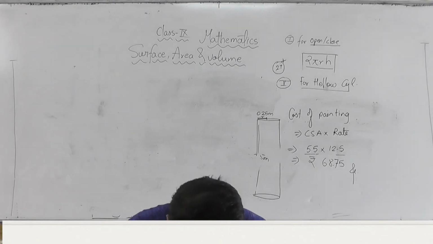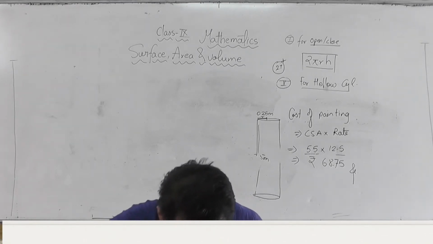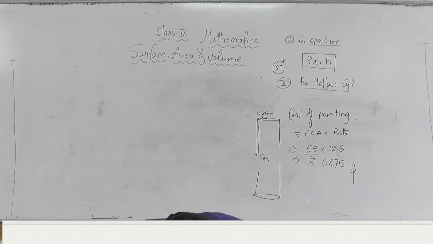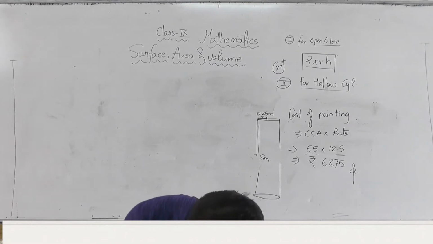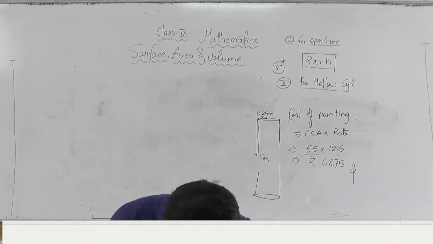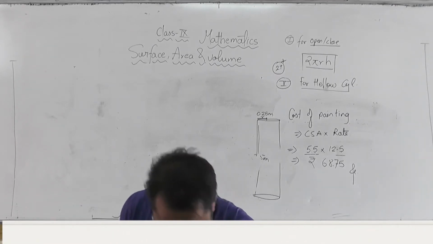See, a question we are taking. TSA of a hollow cylinder open at both ends, of external radius 8 and height 10.